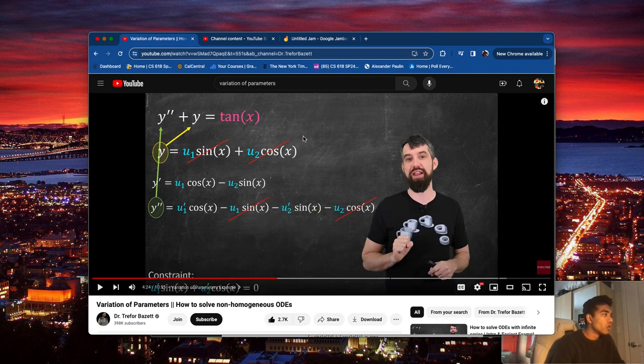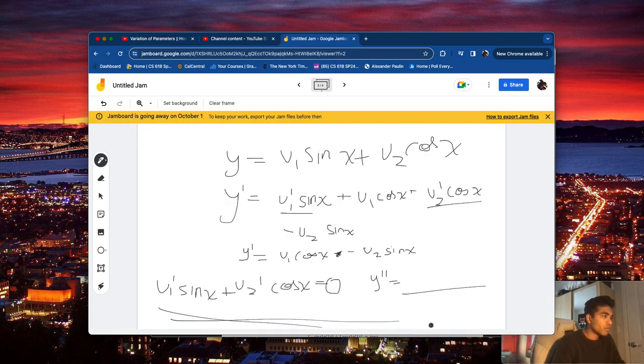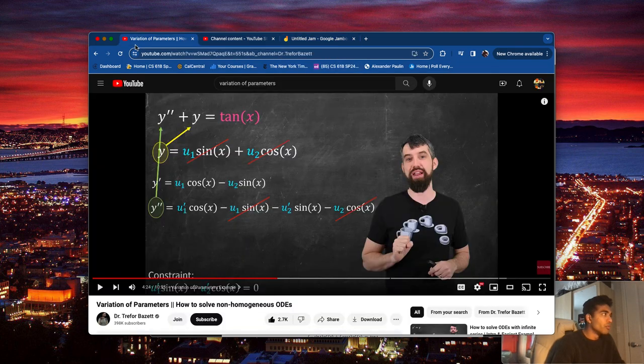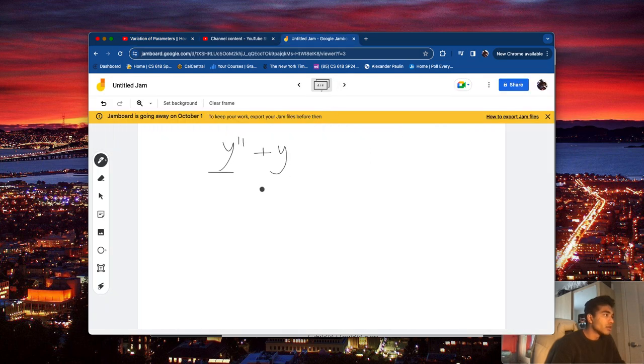Let's say it is u1 dash cos x minus u1 sine x. As you can see, you take this whole thing, put it there, take this whole thing, put it there, and then equate it to tan x. When you equate it, this cancels out, this cancels out, and you're left with u1 dash cos x minus u2 dash sine x is equal to tan x.